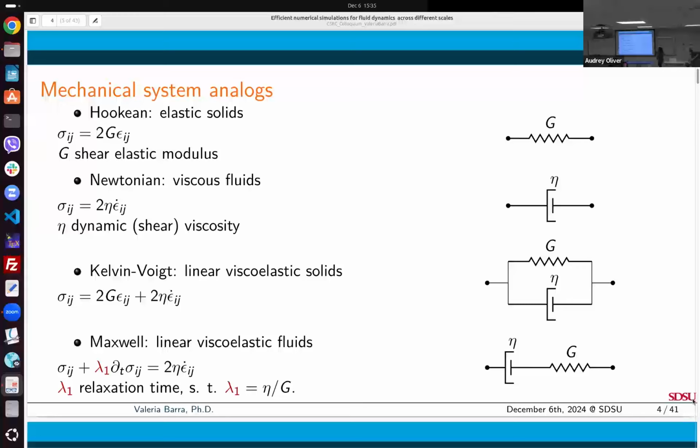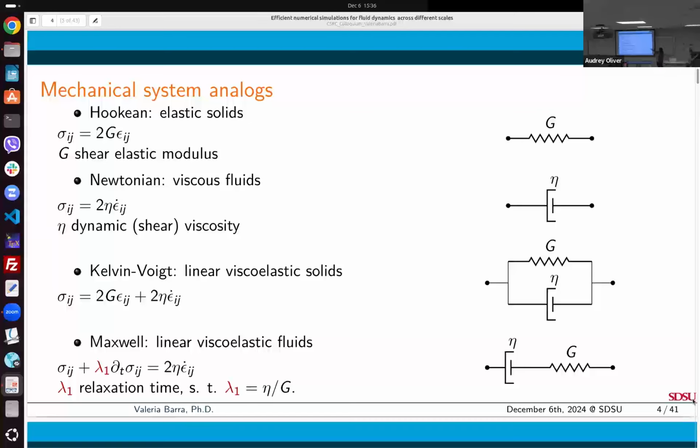Also, we can think of Newtonian fluids, where the constitutive relationship is again a linear relationship, and we see how similar it is. If you compare the two rows, on the right-hand side we have the strain rate, because in fluids, as opposed to solid mechanics, we analyze the strain rate, how fast the strain changes.